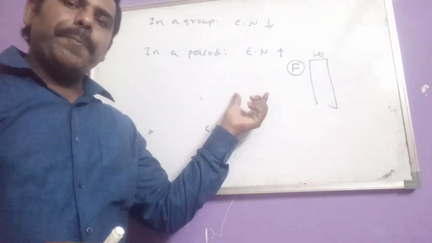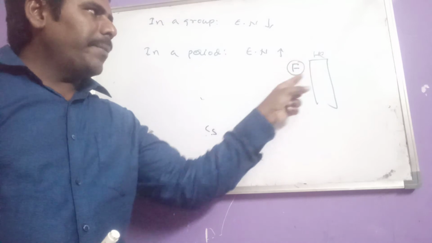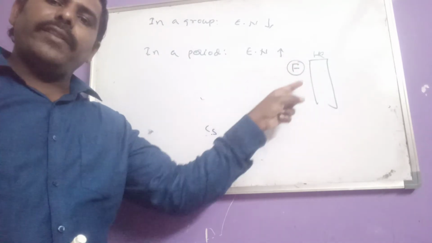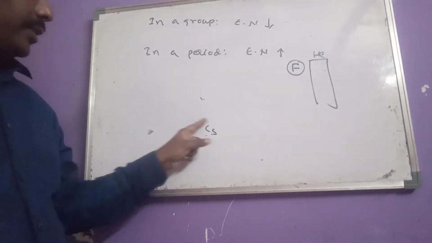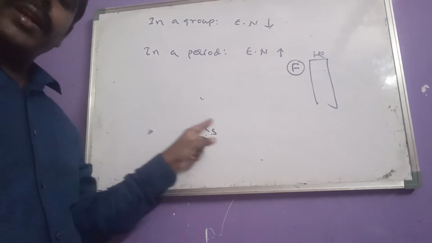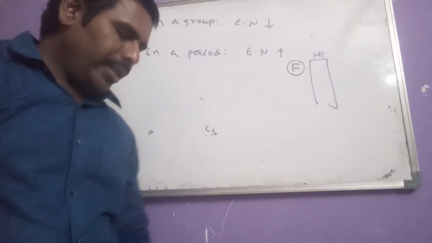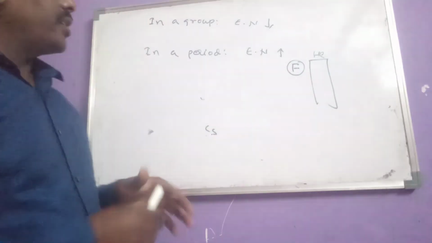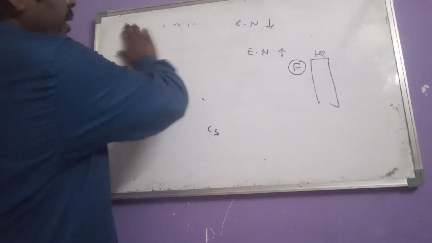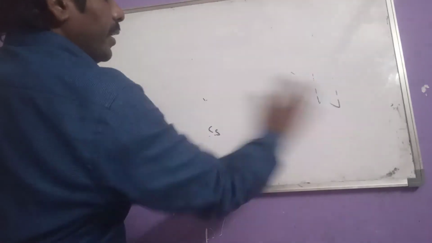So in the periodic table, the element with the highest electronegativity is fluorine and the element with the least electronegativity is cesium. So this is the variation of electronegativity in a group and in a period.